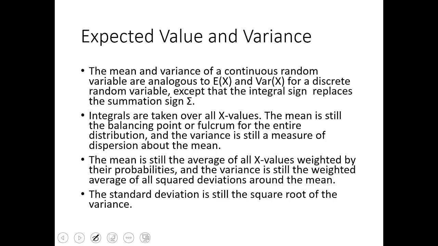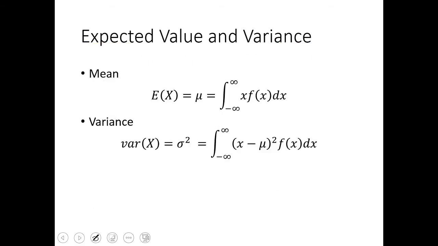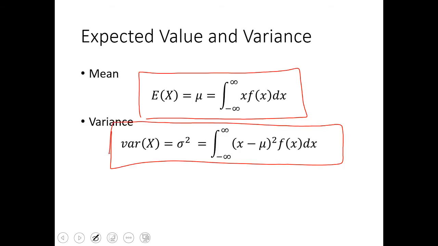So then, for a continuous random variable, how can we calculate the expected value and variance? It is given by this equation, an integral. In the discrete case, we calculate the mean of x using the discrete random variable, with this expression, i from 1 to n.